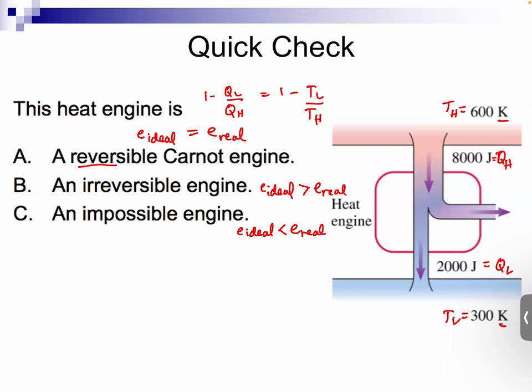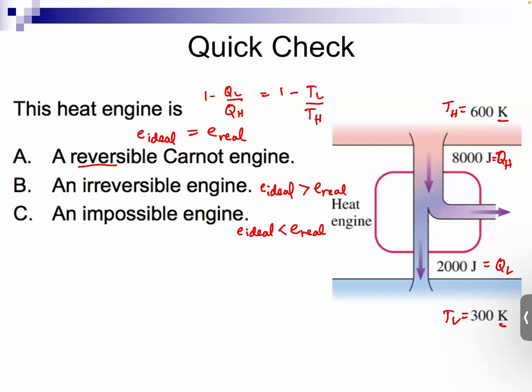Because the ideal efficiency is the efficiency of a perfect engine, and you cannot have any efficiency more than perfect. You cannot have more perfect than perfect. If the efficiency of the perfect engine is 80%, you cannot build a real engine whose efficiency is more than 80%. So that's how you determine an impossible engine.